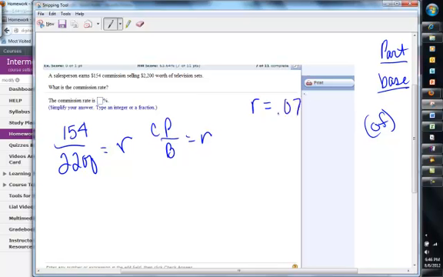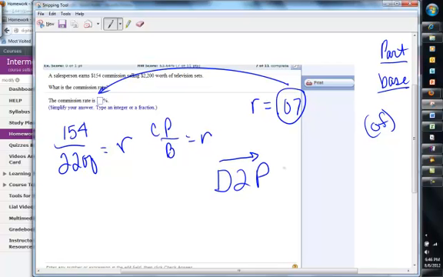Now the important thing is to notice they want that answer as a percent. Remember, when you're going from decimals to percents, you move the decimal place 2 places. When you're going from percent to decimal, you move it back those 2 places. So decimals to percent, we move the decimal point 2 places towards the right. 1, 2, our answer will be 7%.